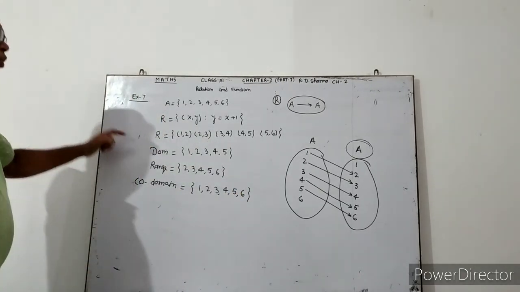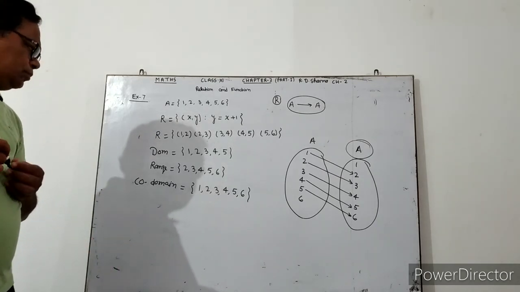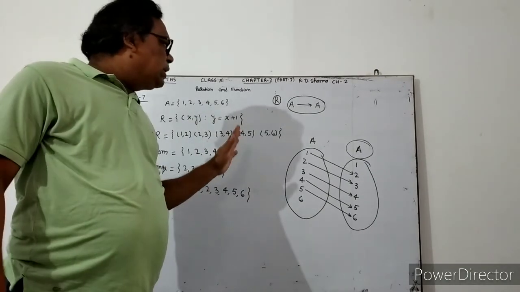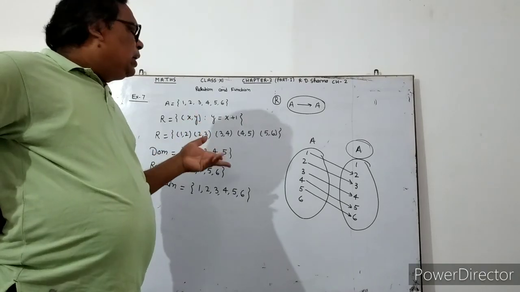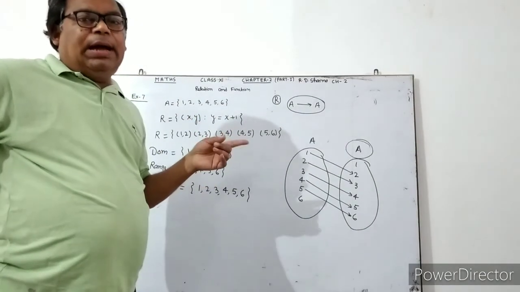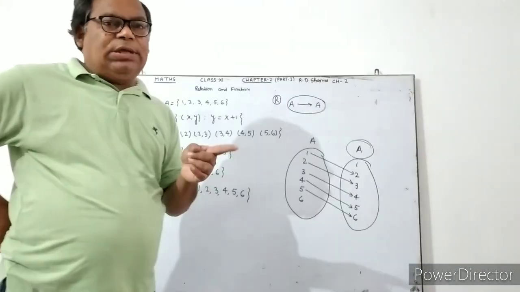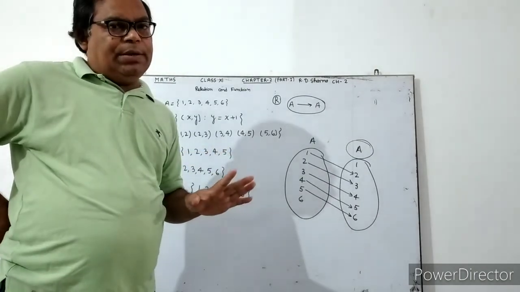Friends, now you understand what the Cartesian product, the relation, the domain, the range and the codomain are.